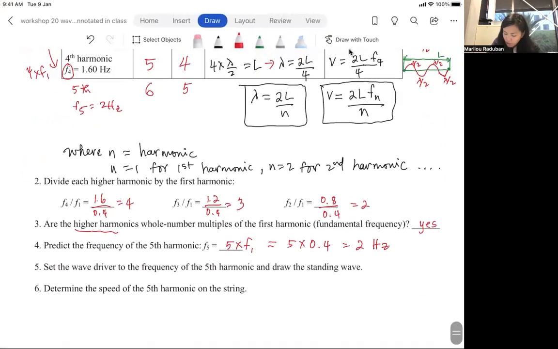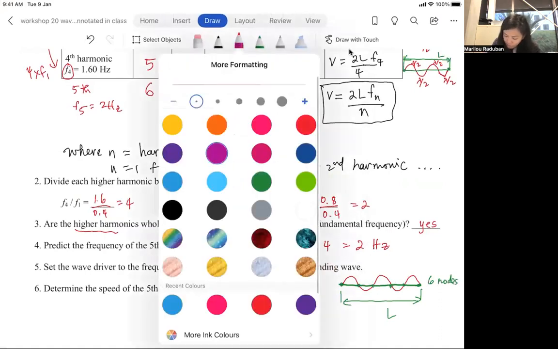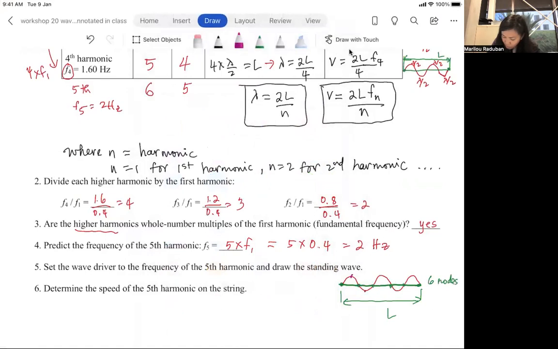So if you draw that, contained in the length of the string, you should have 1, 2, 3, 4, 5, 6 nodes, and you should have 1, 2, 3, 4, 5 antinodes. 6 nodes. Okay.